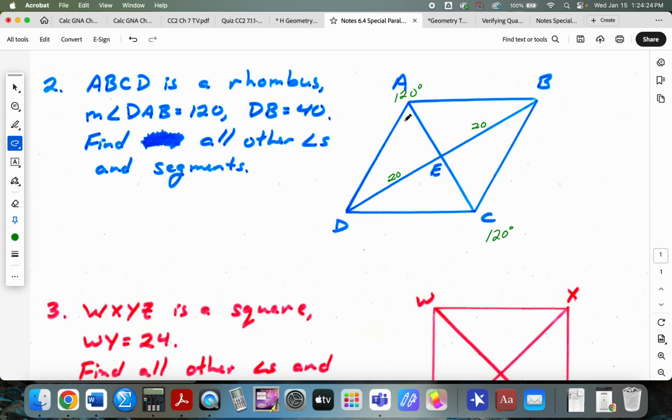All right. Now, unlike a rectangle, where the angles that are right next to each other at the vertices are not equal to each other, in a rhombus they are. So these angles are both 60. And where a rectangle has right angles at the vertices, where does a rhombus have right angles?